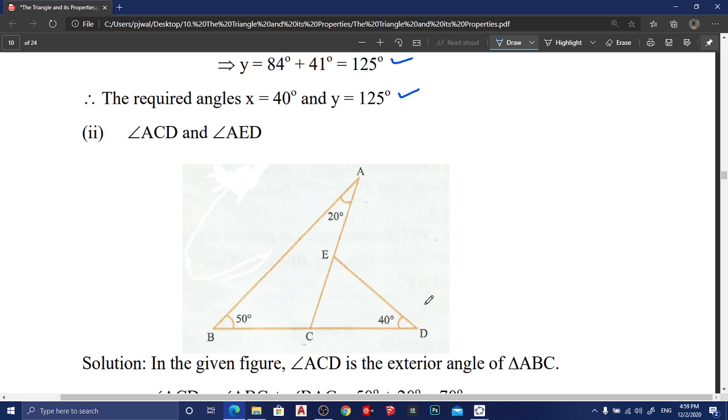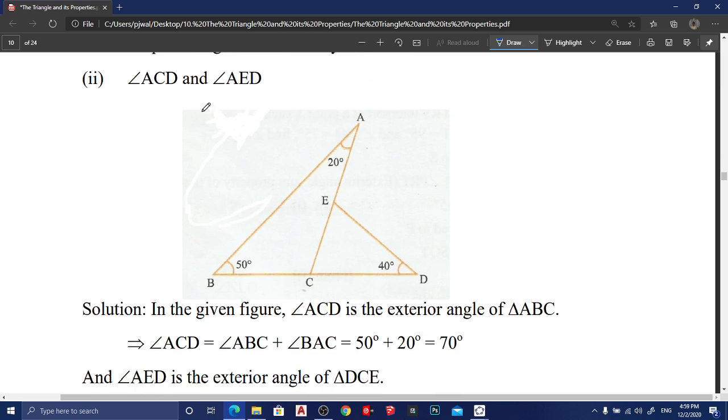One more problem is also given in the seventh one. The second one: angle ACD and angle AED. You have to find out angle ACD, this angle, and angle AED. How to find out? Clearly observe here, this is triangle ABC, this is triangle ECD.